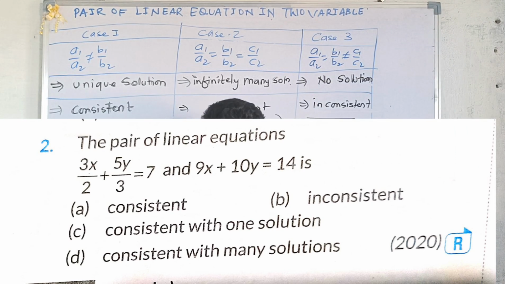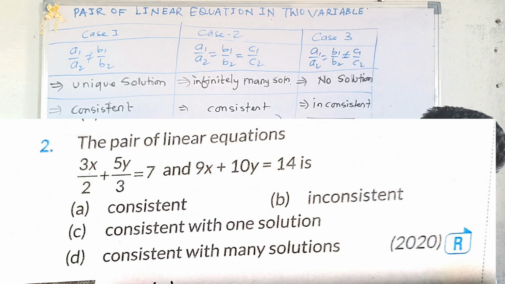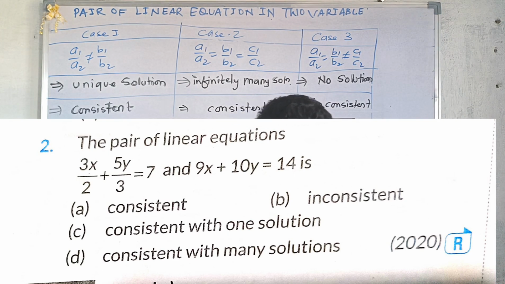Now dear students, you can see another question visible on your screen, which says that the pair of linear equations 3x upon 2 plus 5y upon 3 is equal to 7 and 9x plus 10y is equal to 14.